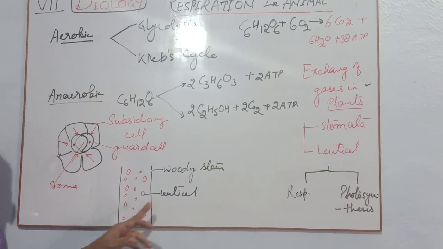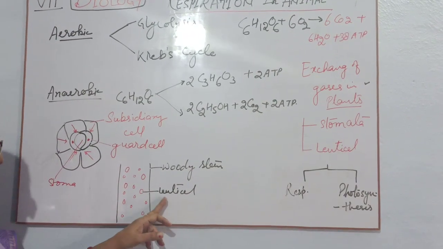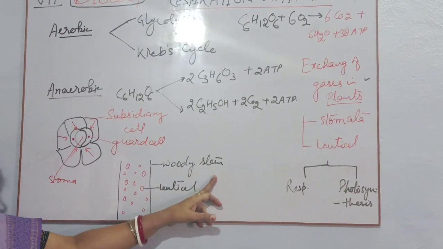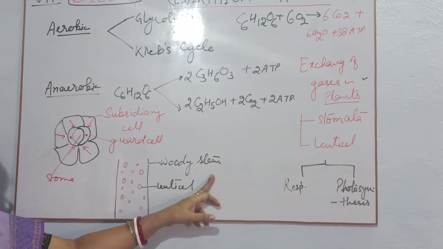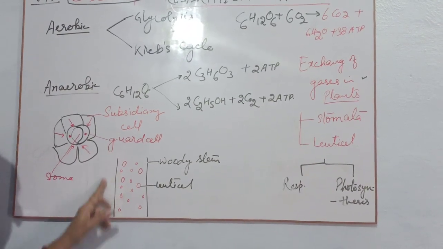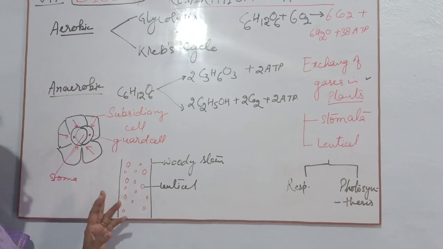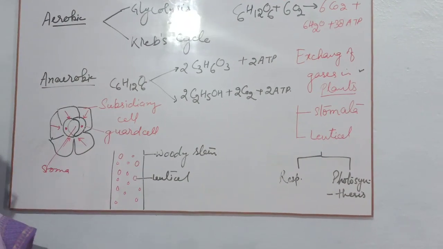Next opening, this is the lenticel. As I told you, lenticels are always present on the woody stem. Suppose this is the woody stem and these holes are the lenticels. How is a lenticel formed?